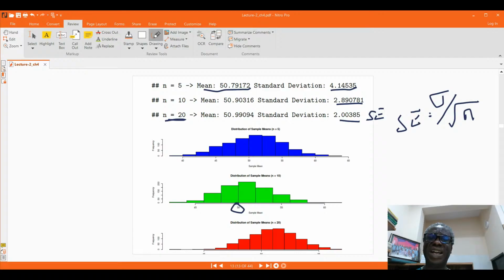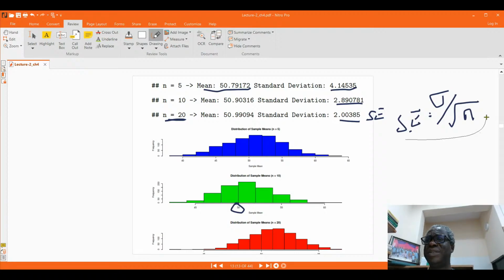Don't forget, the standard error is the standard deviation of the sample means, that is, the standard deviation of the means of all possible samples of a given size.